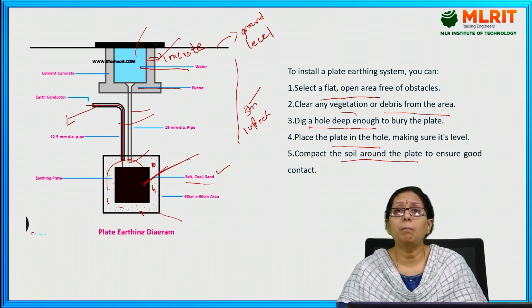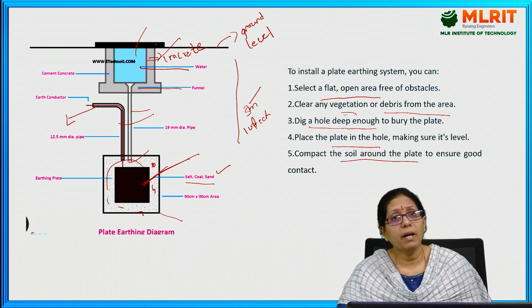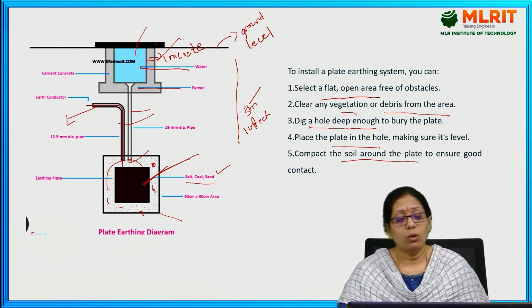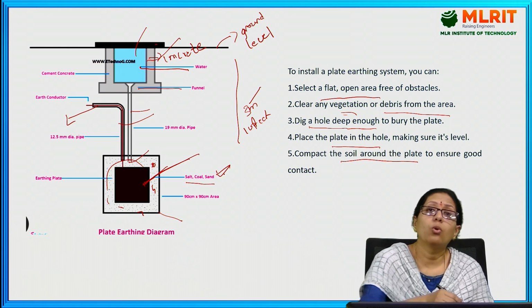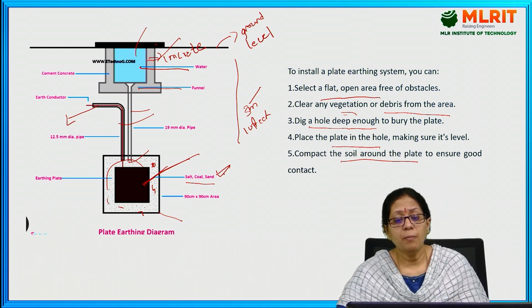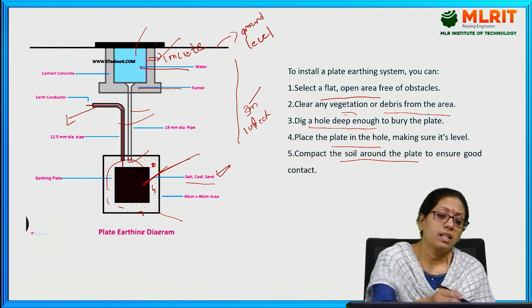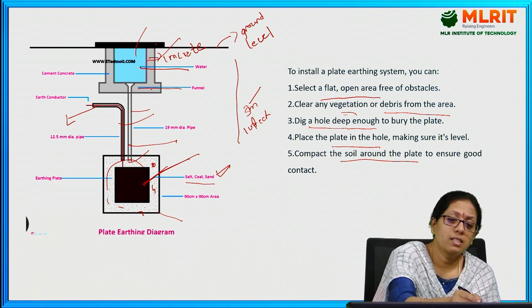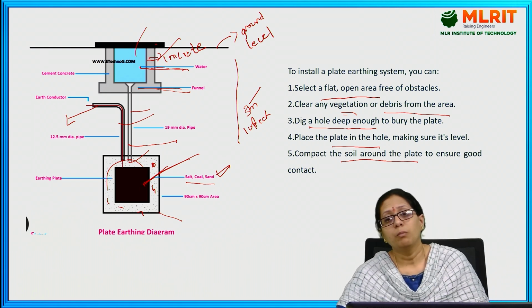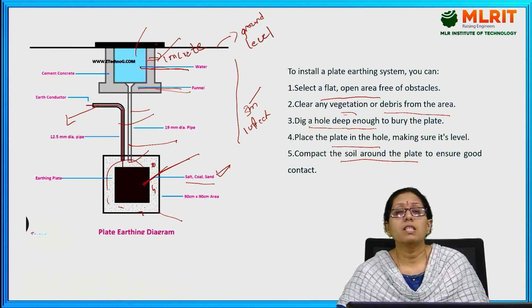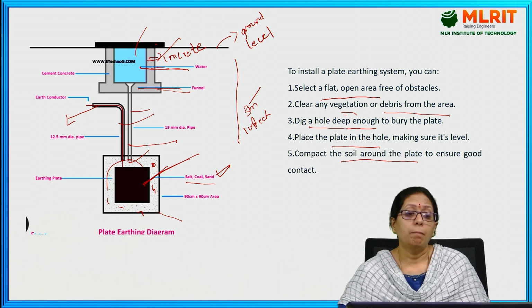Means after placing the plate, we need to compactly close the plate with this salt, coal or sand material, and after that we need to connect these conductors as well as the concrete system, and the water should be poured. So this is the construction of a plate earthing.